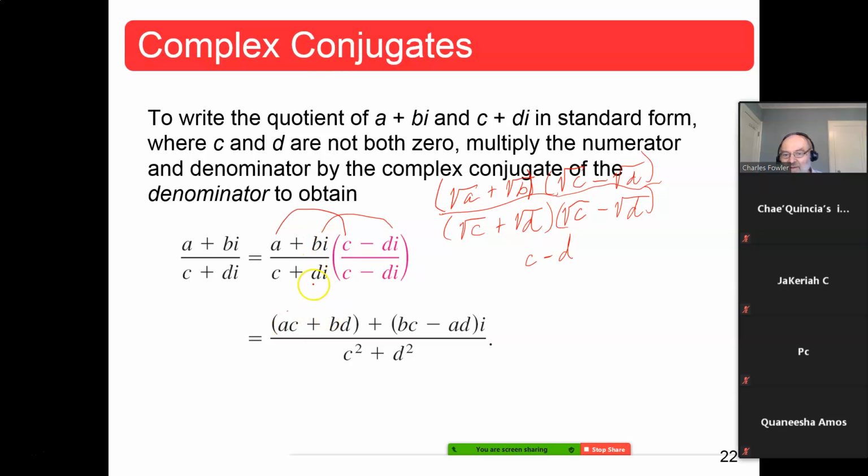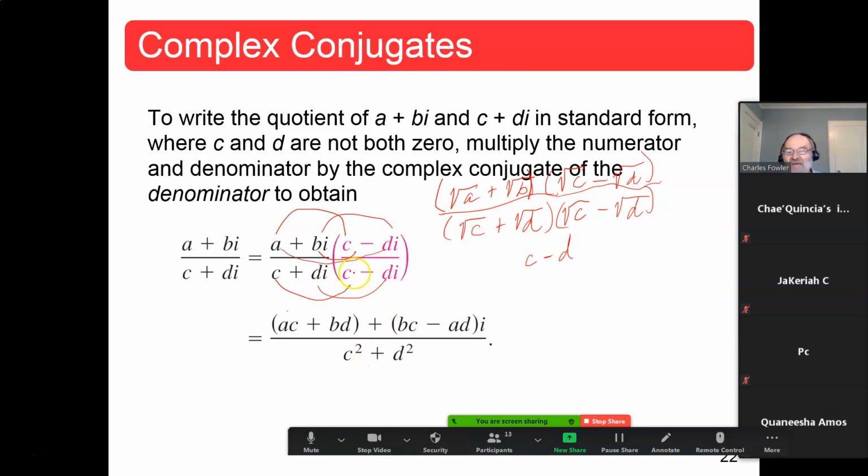That's the real part, and the complex part would be in the outer and the inner, minus AD plus BC times the I. Don't memorize this formula, just get what you're doing here, but this one always gives you C squared plus D squared every time.